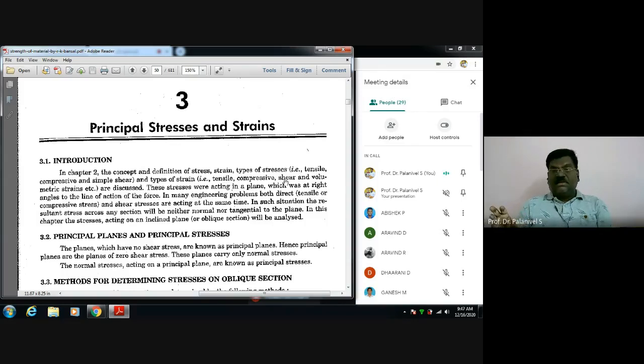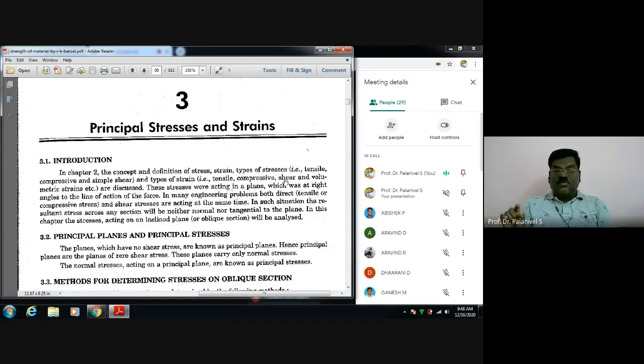Like that, since all bodies are not isotropic, many materials are assumed to be homogeneous. Strictly speaking, they are not homogeneous at all. Concrete is a heterogeneous material, but we are assuming it as homogeneous. This kind of stress analysis is required.